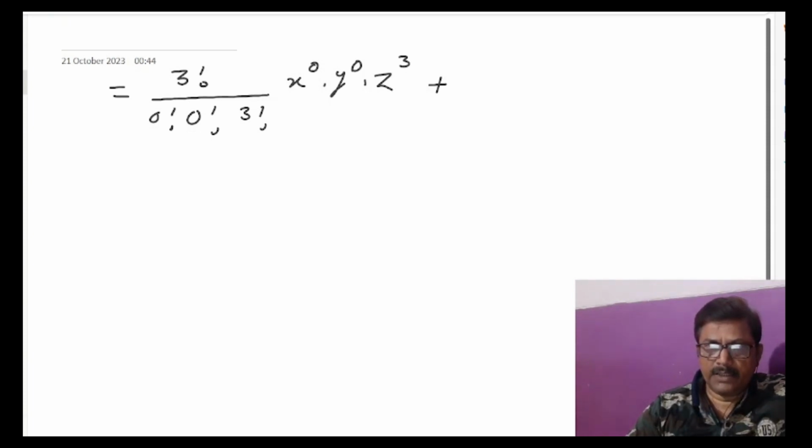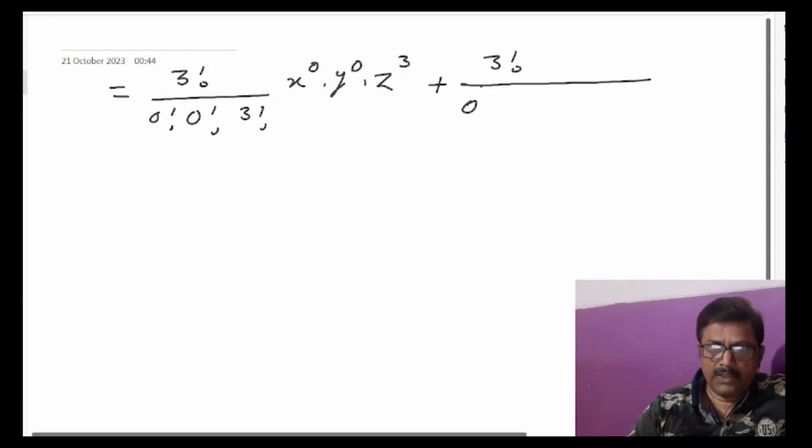Now I am writing the second term, 3 factorial upon R1 factorial. R1 is 0 factorial, R2 is 1 factorial, and R3 will be 2 factorial. Correct?